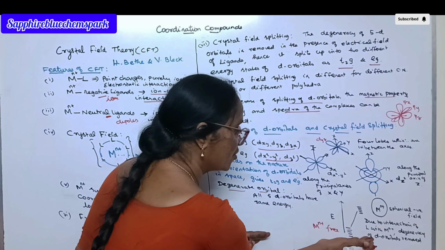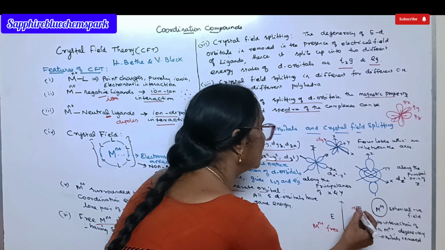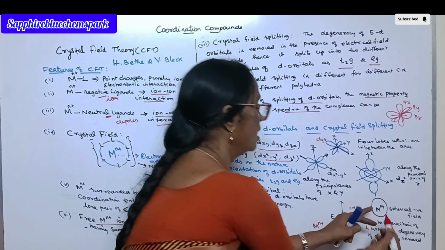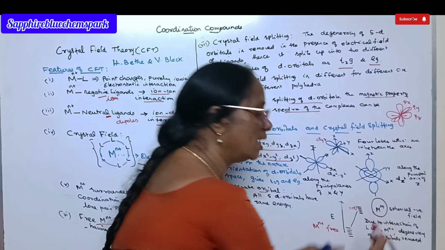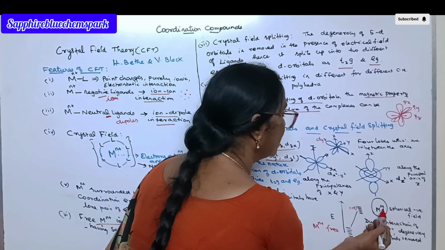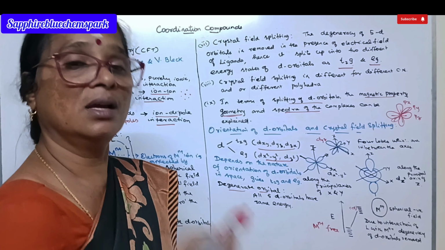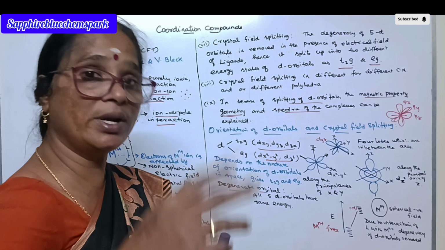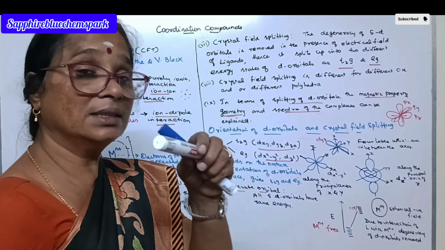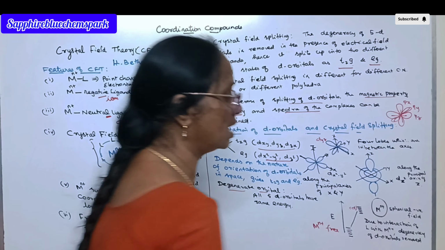The energy of the d orbitals gets raised. You may find the d orbital is now present over here. The metal ion is surrounded by the symmetric field of the ligands, so we get a spherical nature. What do we mean by sphere? We said the complex can have 2 different spheres: one is non-ionizable, the other is ionizable. The non-ionizable sphere is nothing but the ligands that surround the central metal ion.